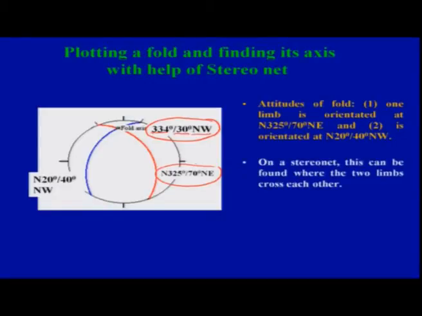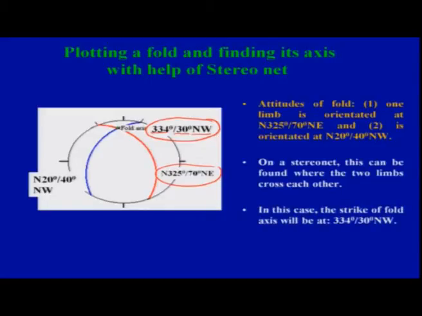The attitude of the beds: one limb is oriented at 325 degrees, 70 degrees northeast, and the other one is north 20 degrees, with 40 degrees northwest. So this is another plane we are having.